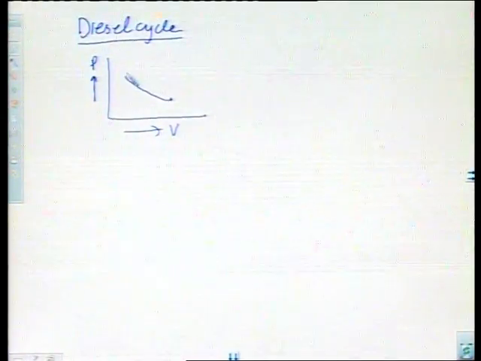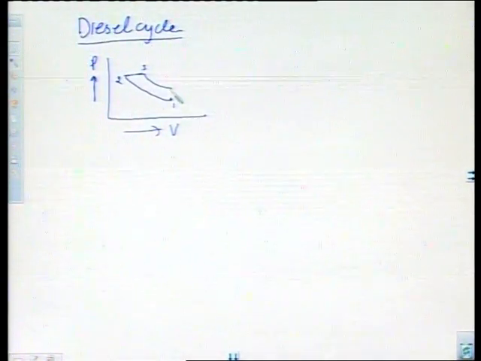Now, the heat is added at constant pressure. The difference is, in this case, this is also called the constant pressure cycle. The heat is added at constant pressure, whereas the heat is rejected at constant volume.